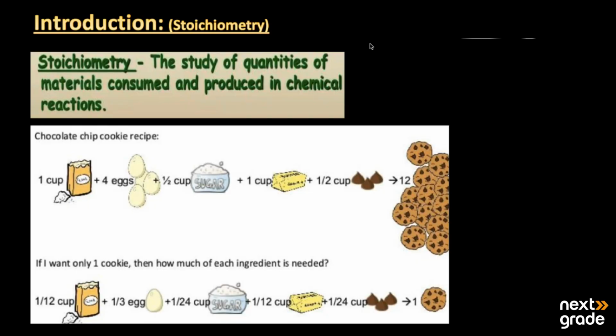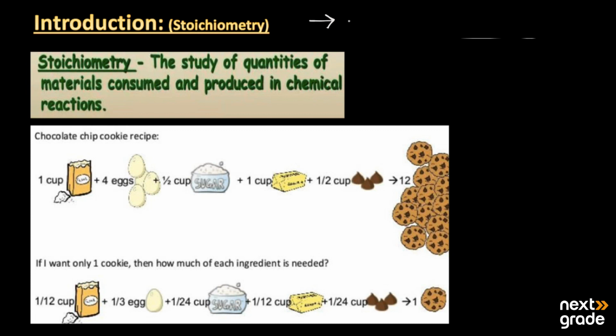So, in today's video, we are going to discuss the branch of chemistry that is mainly known as stoichiometry. Before we start stoichiometry, you must know, or we are going to discuss, the previous knowledge that we have just gained.